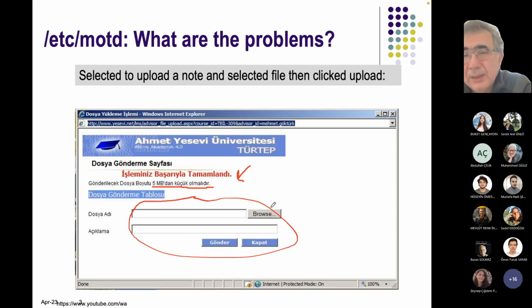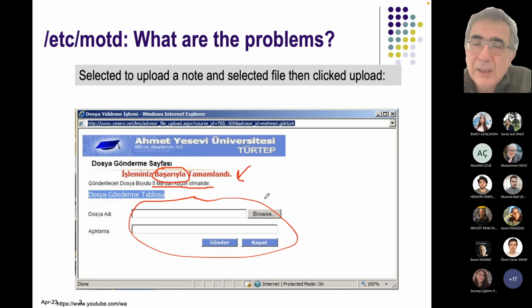I immediately recognize it as a failure rather than success. So I don't read this because it is red. Since it is red, I believe that it is something incorrect. So I consider it an error and try to upload the same file again.